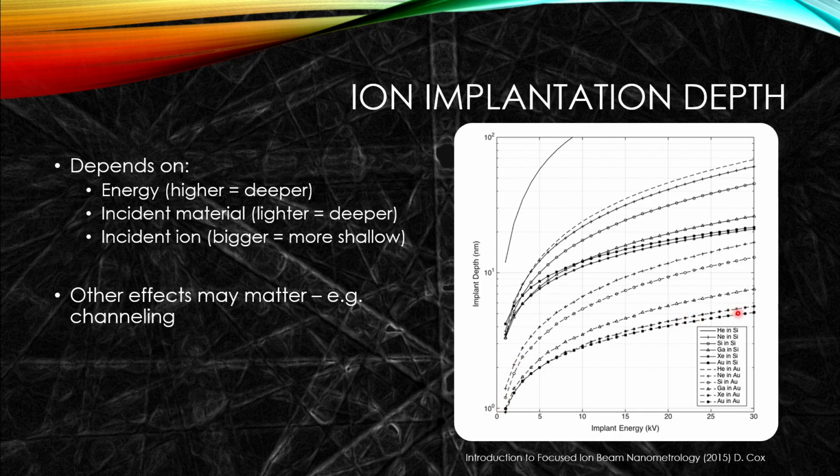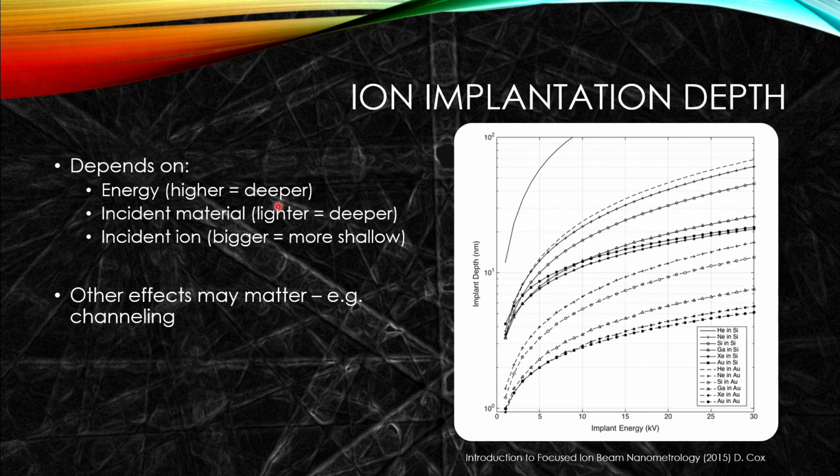But as we change the species of the incident ion and the substrate, we can also get a variation in the implantation depth. Please note that this is on a log y-axis, whereas this is a linear x-axis. This is in the calculations done here. This is effectively assuming uniform across all different crystal orientations. You might get special cases, and we'll see this a bit later, related to, say, channeling in the crystal lattice.